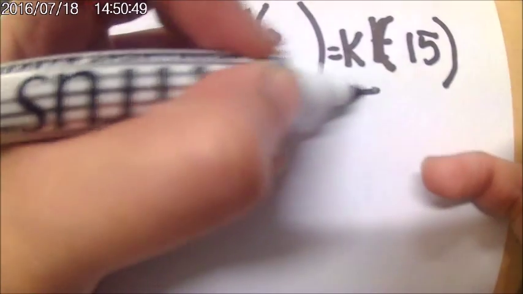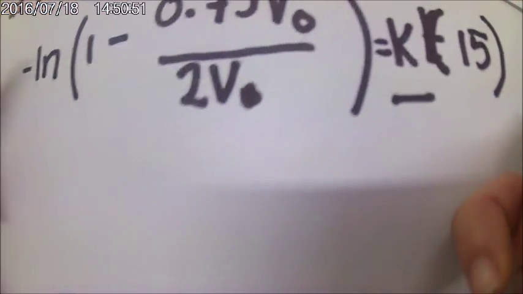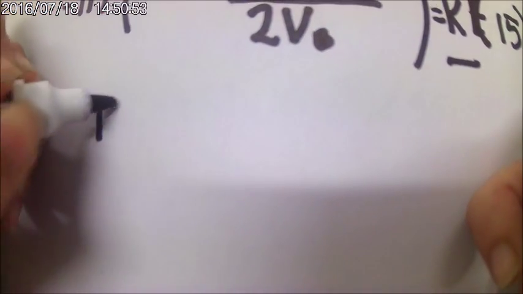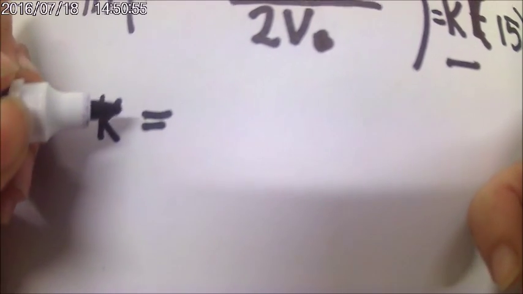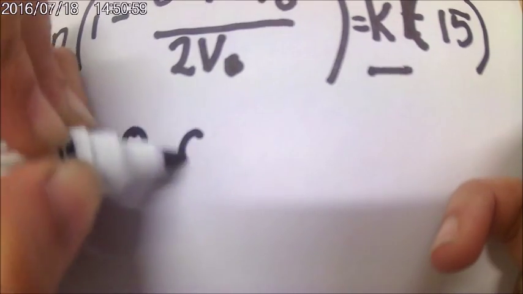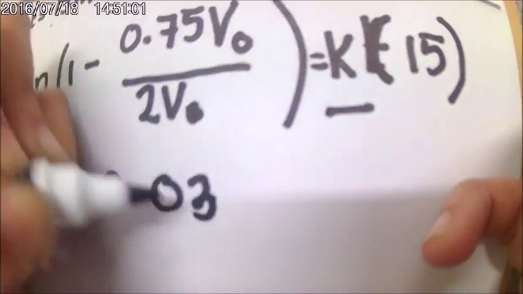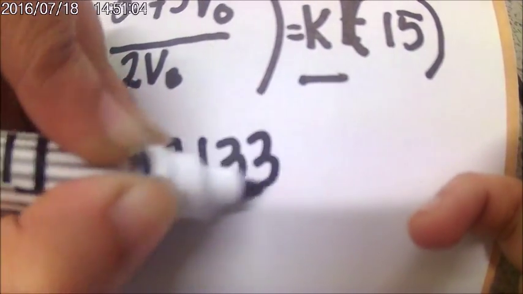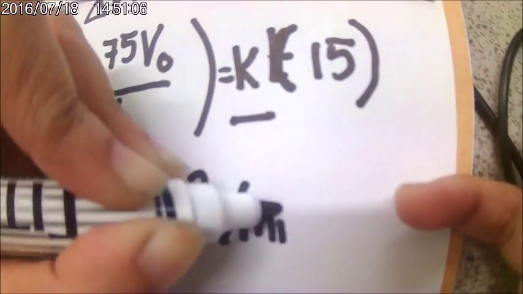We can solve for the value of k, which is equal to 0.03133 per minute.